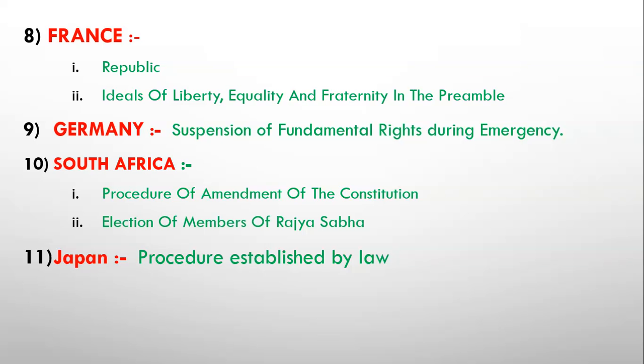Both will be given equal opportunities for their future, for their career. All the citizens of India are actually equal, so the Constitution of India guarantees to us the right to equality. And what is fraternity? Fraternity means brotherhood, we all are brothers. So these ideals, liberty, equality, and fraternity, were adopted from the Constitution of France.